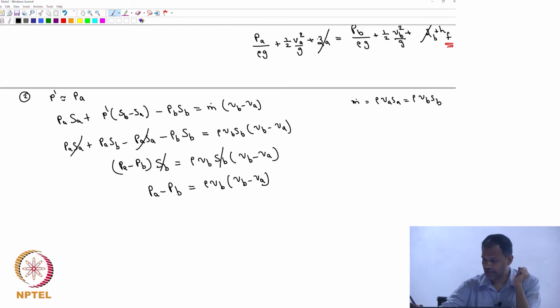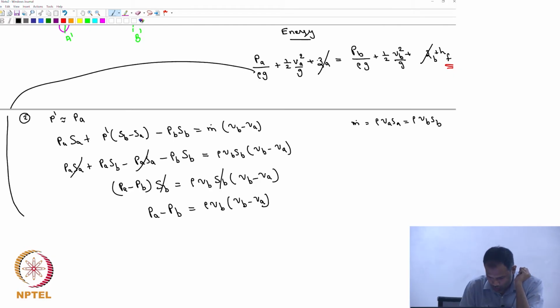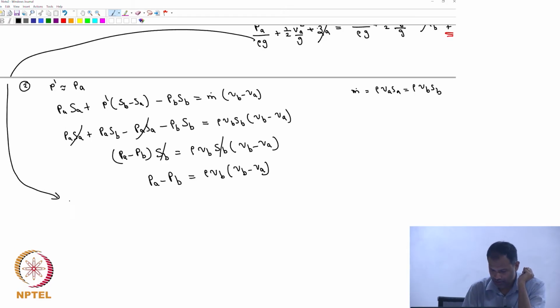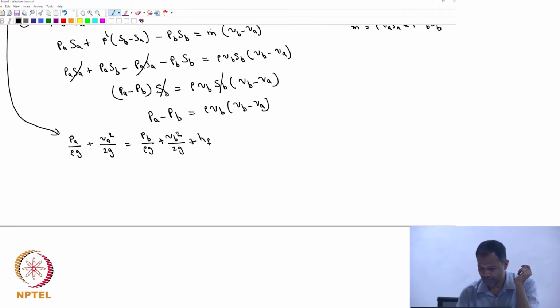Now I'm going to look at our energy balance. Simplifying that, PA by rho G plus VA square by 2G is equal to PB by rho G plus VB square by 2G plus HF. Just try substituting PA minus PB and simplify and see what you get for HF.